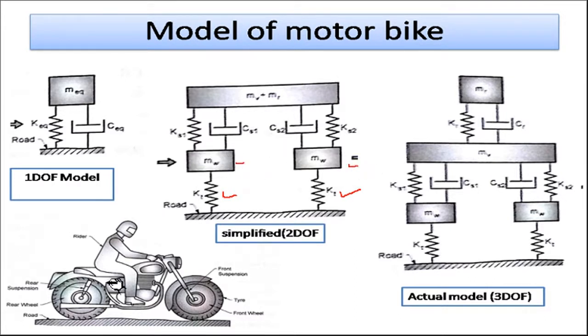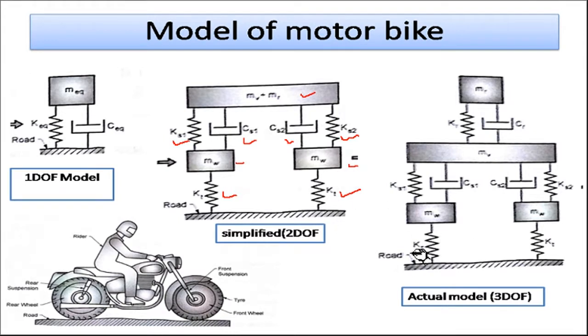The mass of the rider and the vehicle, that is the total mass, is transferred through the suspension system. So there is a stiffness and damping of the rear suspension system. Similarly there is a damping and stiffness for the front suspension system. The total mass will be acting like this. So this is nothing but a 2 degree of freedom model.